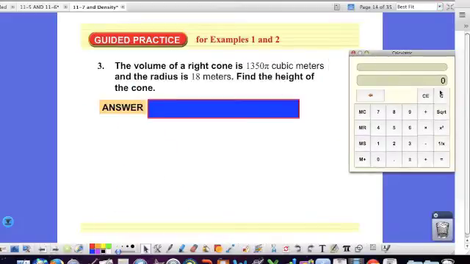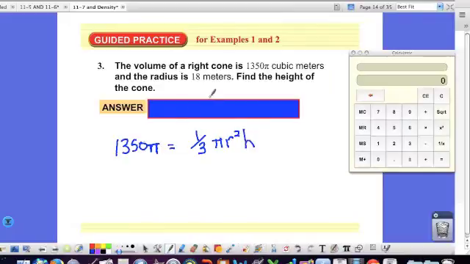Now we're going to find the height of a right cone whose volume is 1,350 pi. Since we have pi, we're going to set up the formula. And the nice thing is, because the pi's are going to cancel out, we're not going to have rounding issues. 1,350 is going to equal 1/3. The radius is 18.